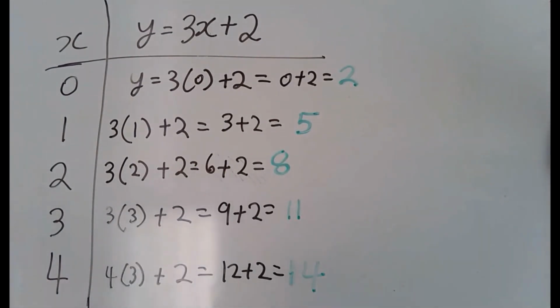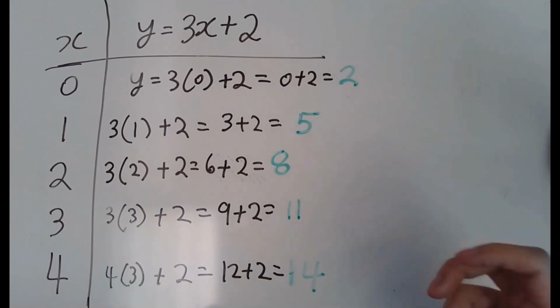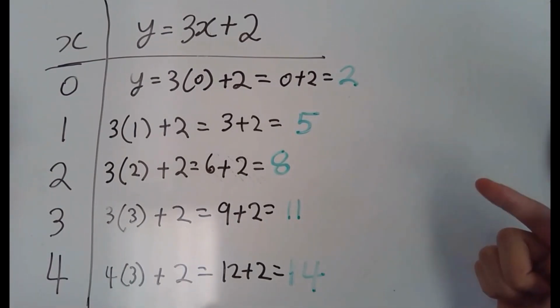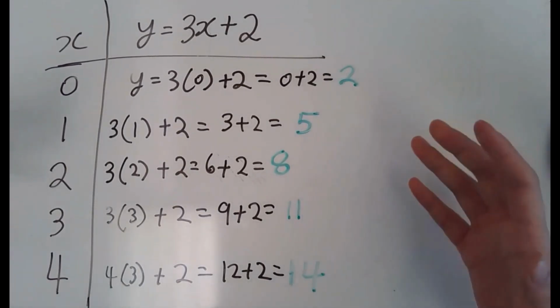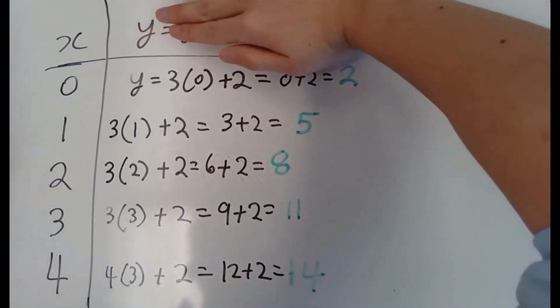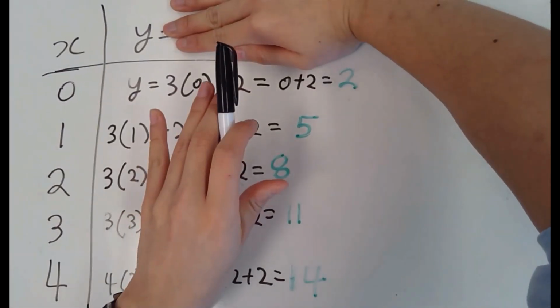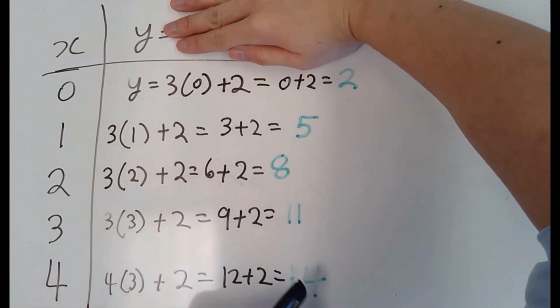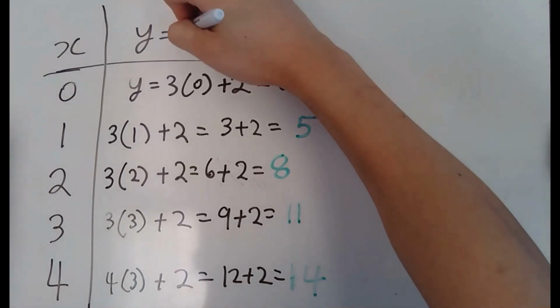And that was it. In the beginning of this video, I said today we're going to be learning about deriving a linear equation from the table of values. That was a lot of complicated words, but the main point of today's lesson in simple words is: if I'm just given this table without the equation, where x is these values and y is just the numbers given in green, how do I find out the equation 3x plus 2?